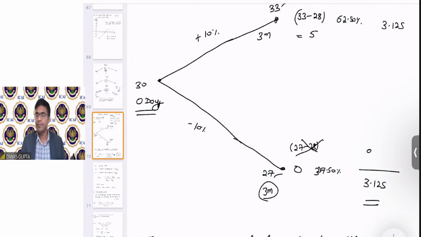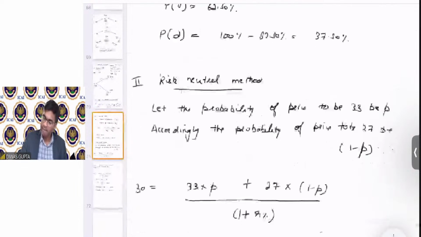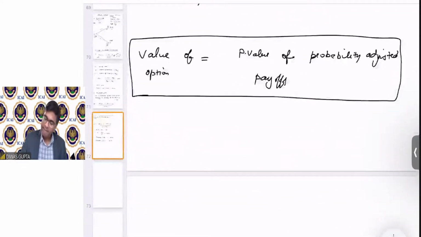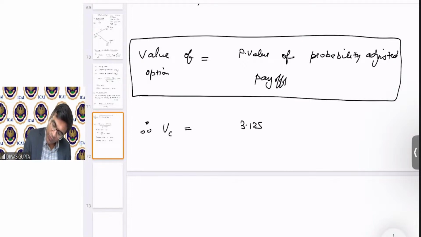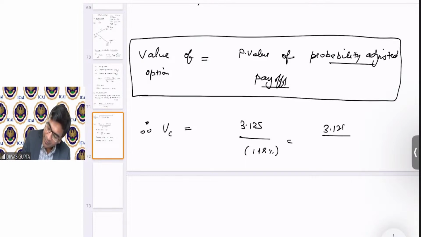Okay, students? Hence, the value of call option will be the probability adjusted payoffs, 3.125, divided by the factor to make it a present value. So the factor will be 1 plus R percentage, which is 3.125 divided by 1 plus 2.50 percentage.